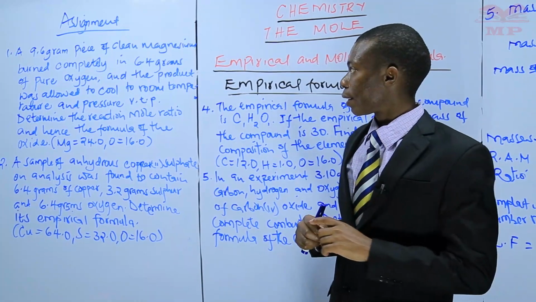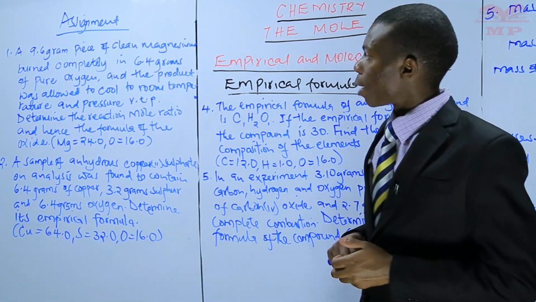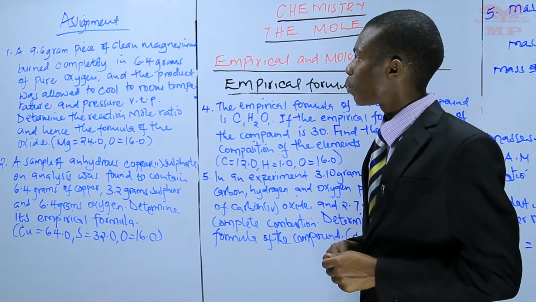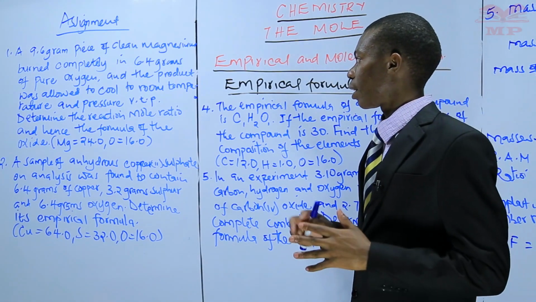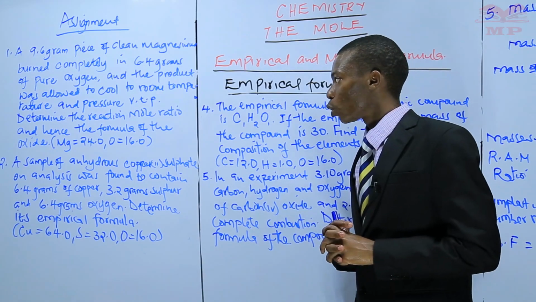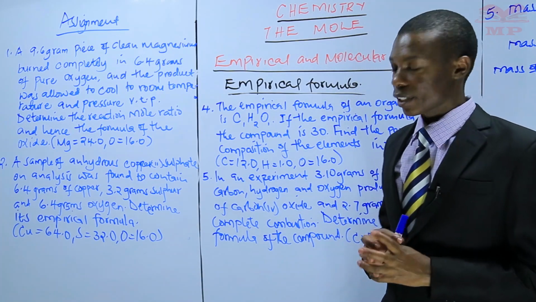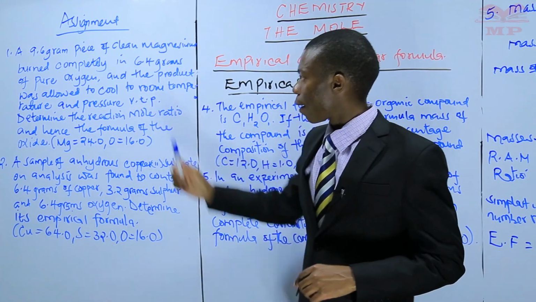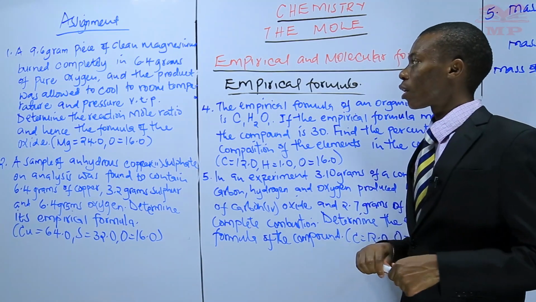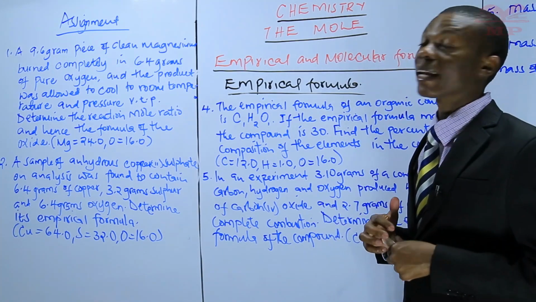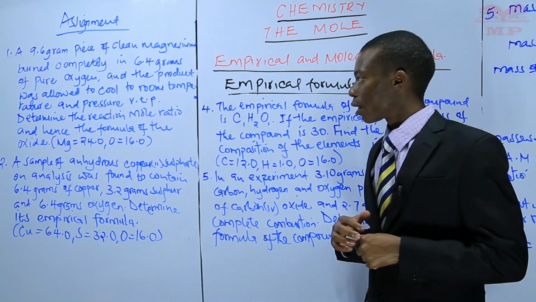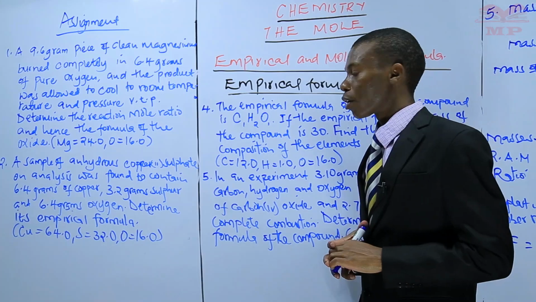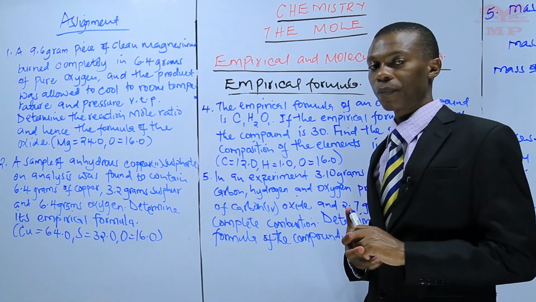Question 1: A 9.6 grams piece of clean magnesium burned completely in 6.4 grams of pure oxygen, and the product was allowed to cool to room temperature and pressure, RTP. Determine the reaction mole ratio and hence the formula of the oxide. The relative atomic mass of magnesium is 24.0 and oxygen is 16.0.